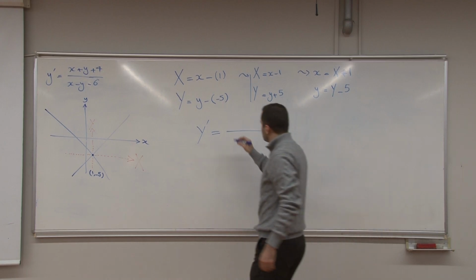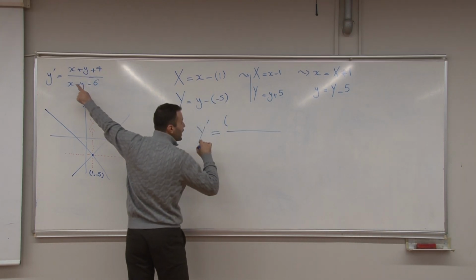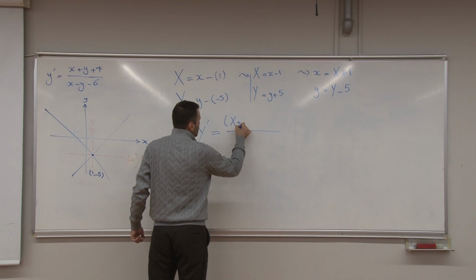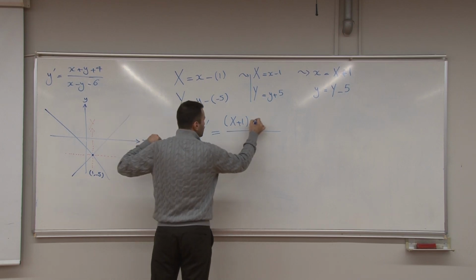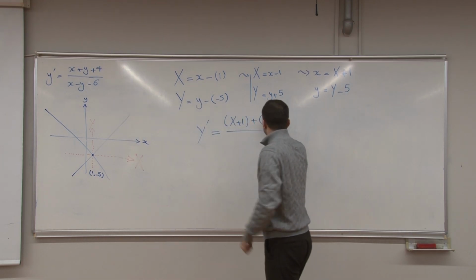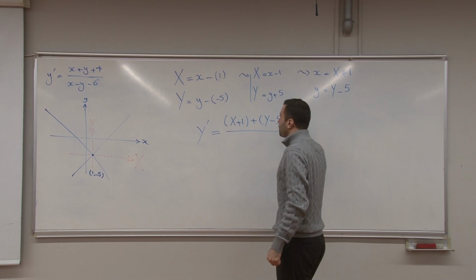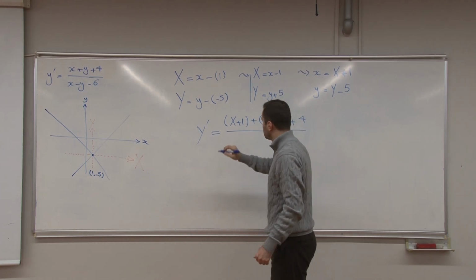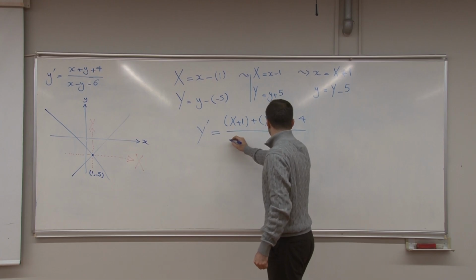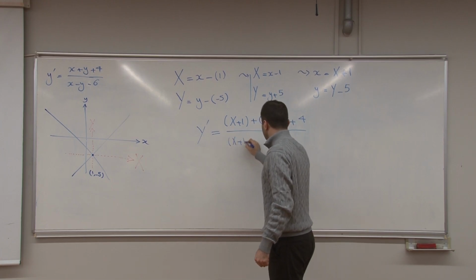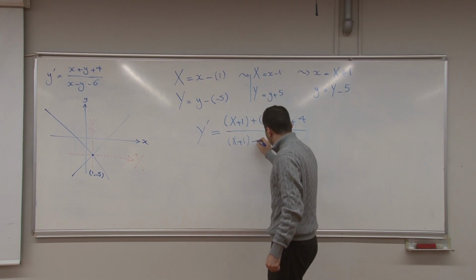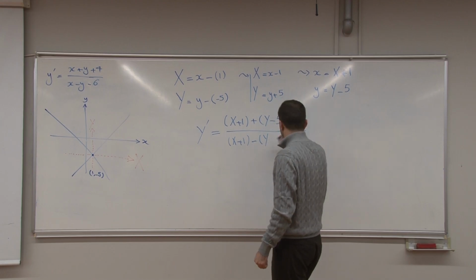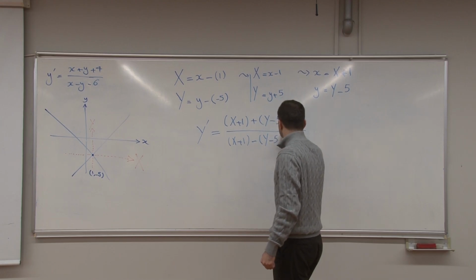So what I need to write here is x plus 1 plus y minus 5 plus 4, divided by, again, instead of small x, x plus 1, minus, instead of small y, y minus 5, minus 6.